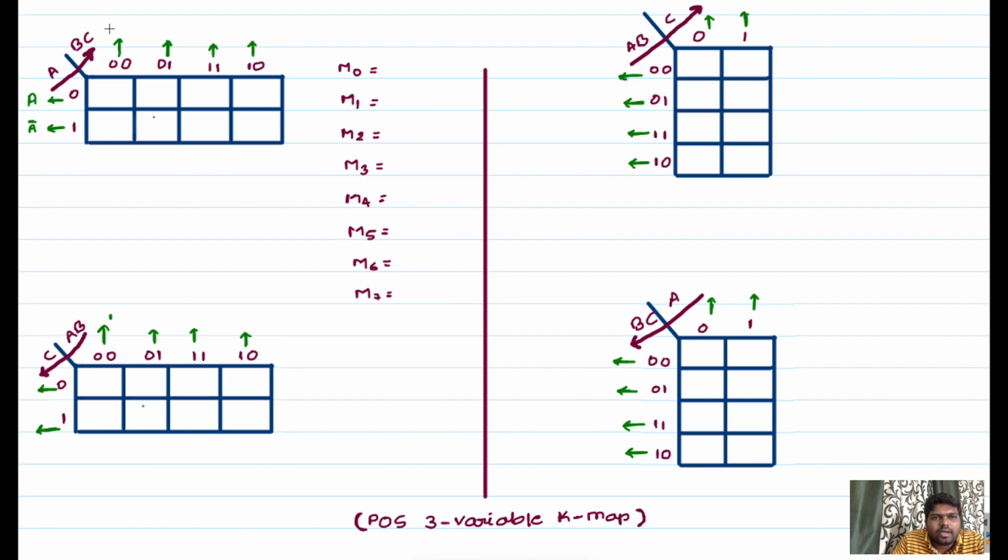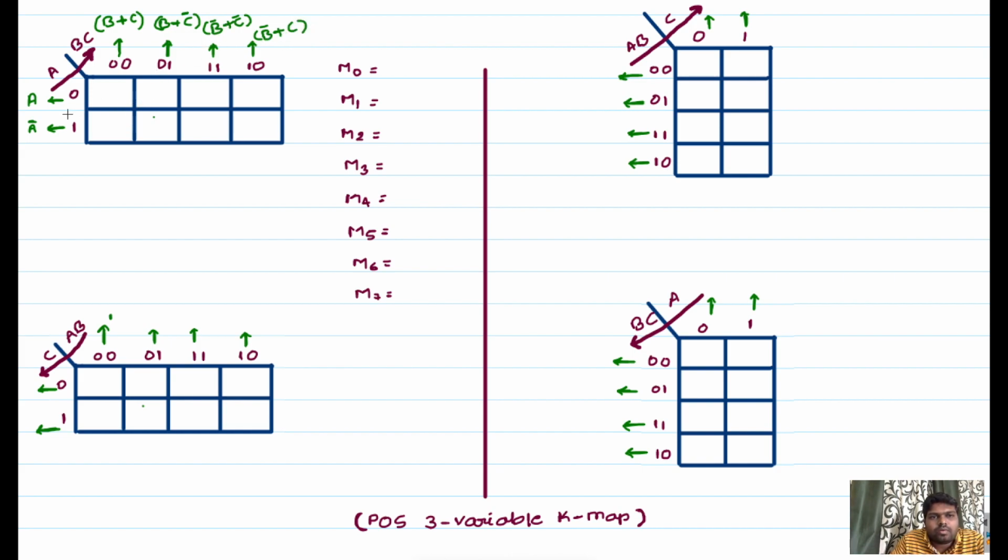Here we consider B plus C. In the previous case we had product terms, but here sum terms. And B plus C bar, and this one B bar plus C bar, and this one B bar plus C. These are the four sum terms.